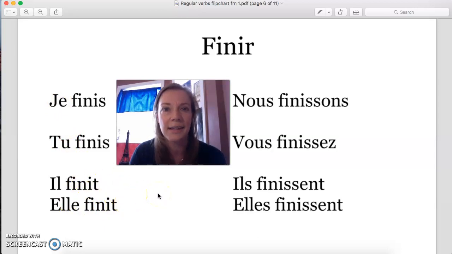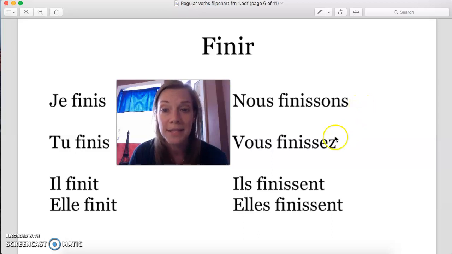When we get over here to the plural side, that's where it gets a little different, because notice all these extra letters. Nous finissons, vous finissez, and ils finissent. Crazy. But all it really is an extra ISS. All you do is add the ISS and then ONS.